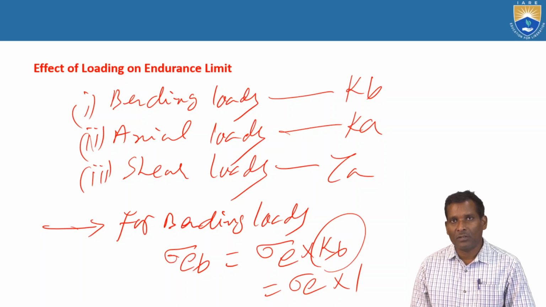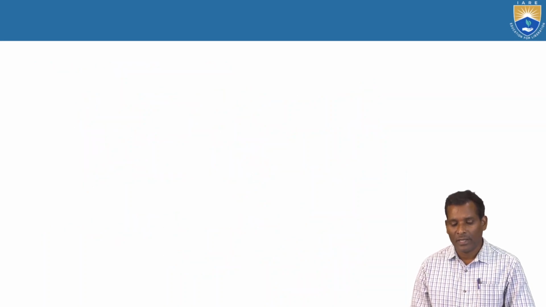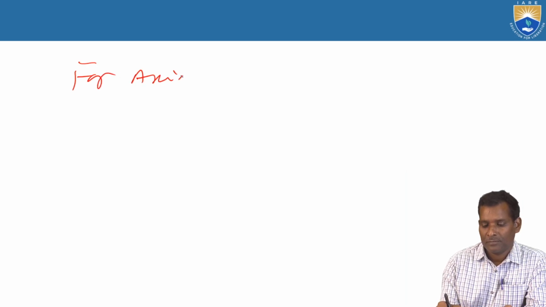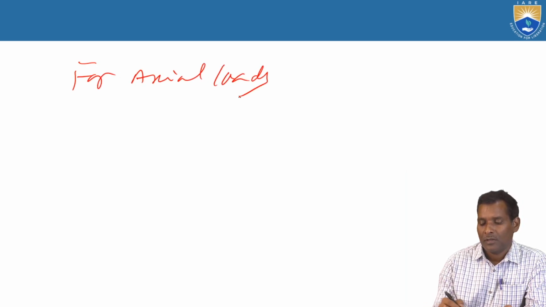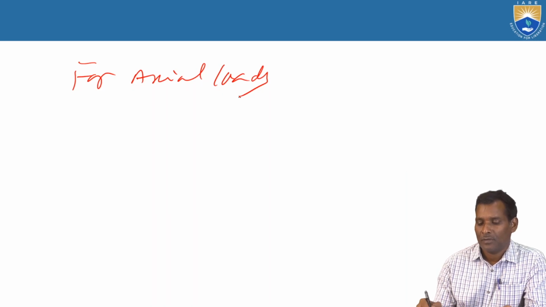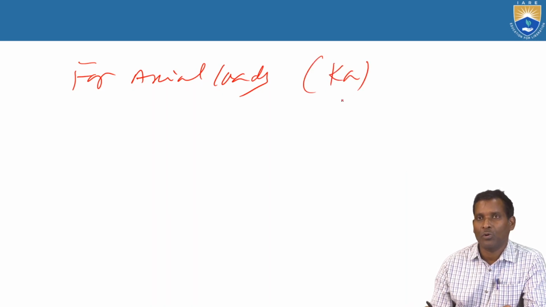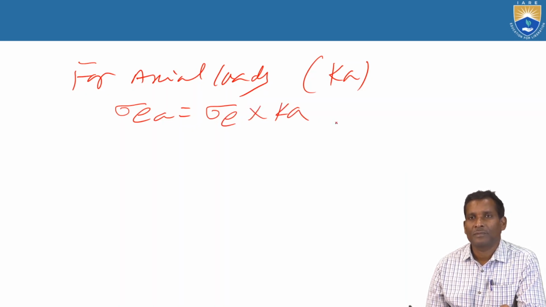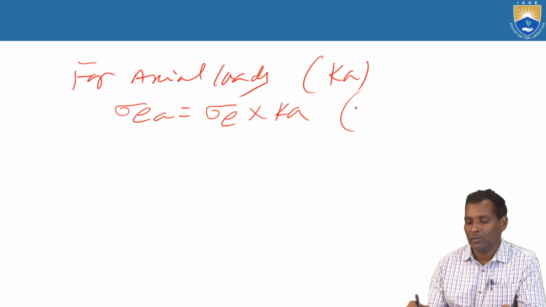Similarly, for axial loads you may calculate: take the load correction factor as Ka. Sigma Ea is equal to sigma E multiplied with Ka. Here you may take the Ka value as 0.8.